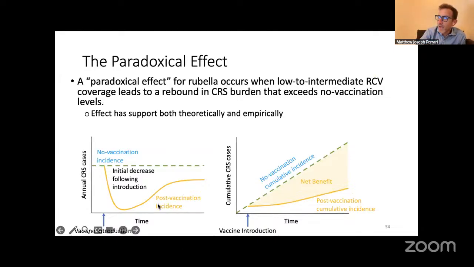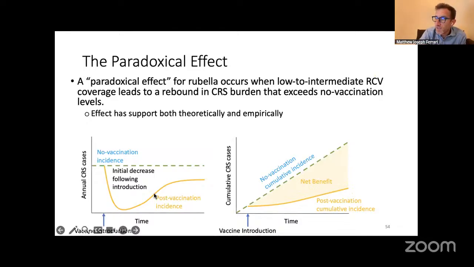But out here, after rubella has been gone for quite some time, many children that are unvaccinated have made it through adolescence and made it to reproductive age without exposure, and then can manifest as a pregnancy that is then exposed and CRS, right?